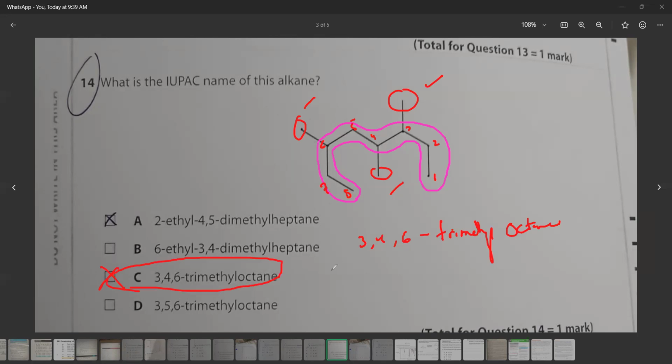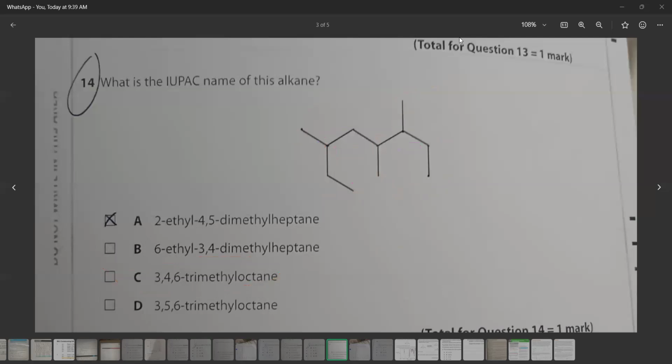Is it clear, this one? Whenever you are naming a compound, you always select the longest chain of carbon.